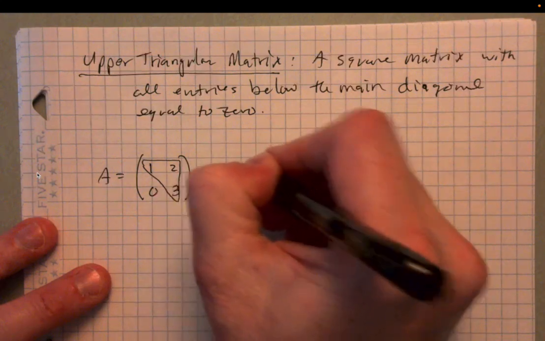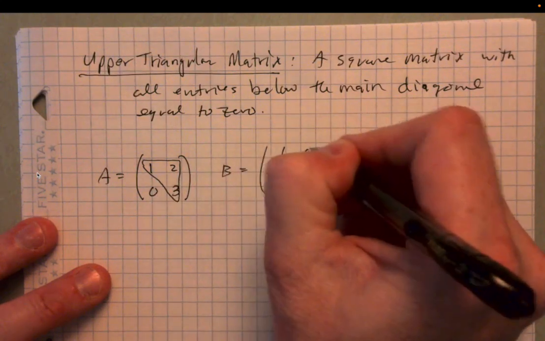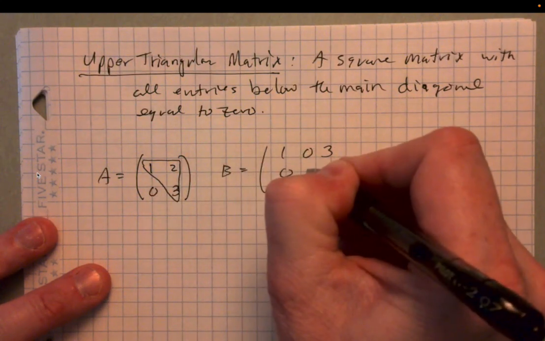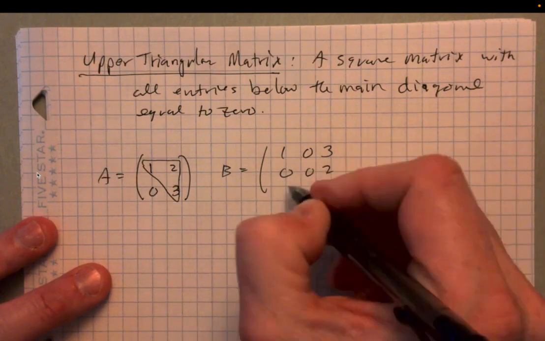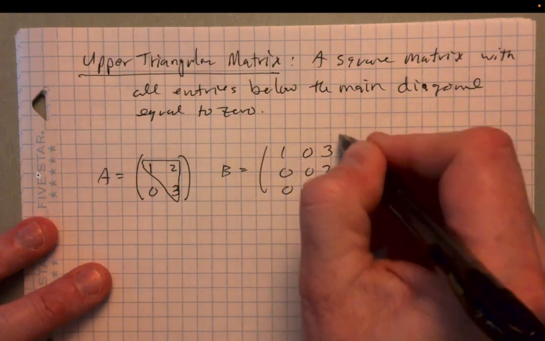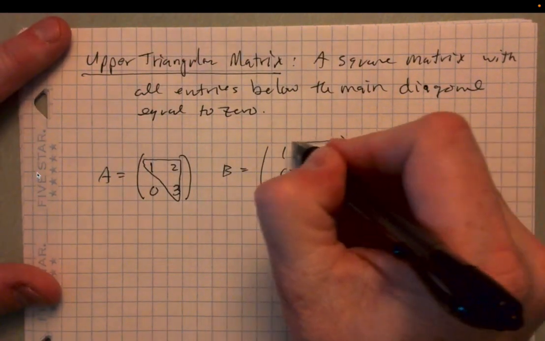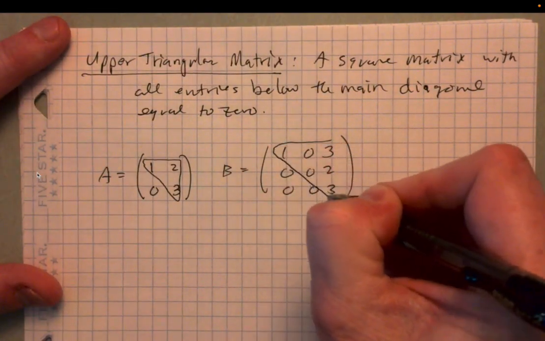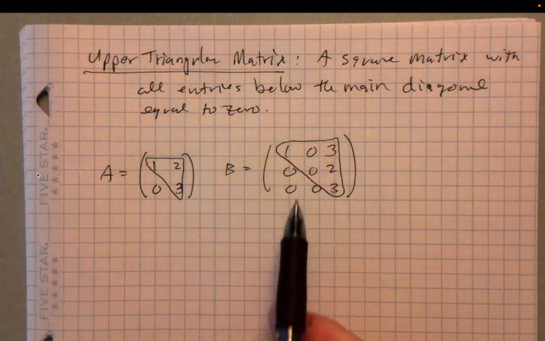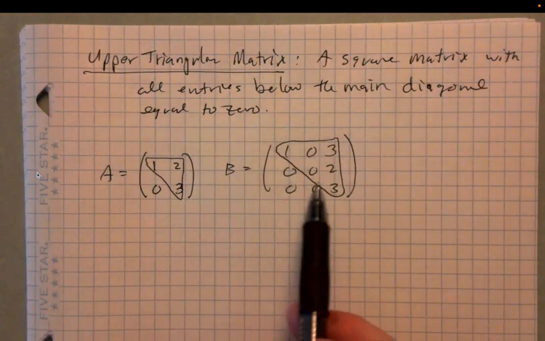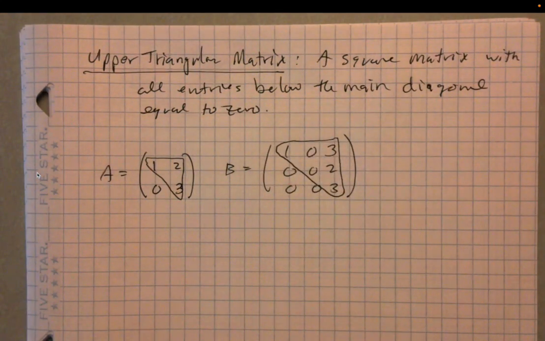What about something like this? Is this upper triangular? Yes, indeed, because everything outside of this box is equal to 0, namely everything below the main diagonal.